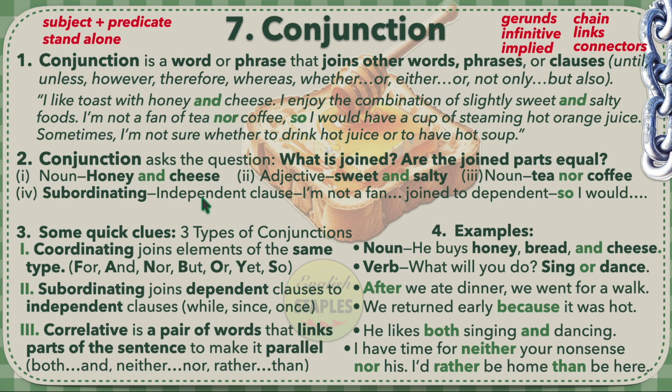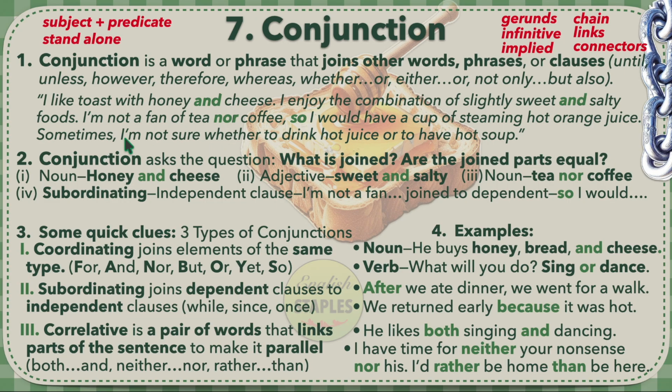Subordinating. We have an independent clause, I am not a fan of tea nor coffee, joined to a dependent clause, which is so I would have a cup of steaming hot orange juice. Sometimes I am not sure whether to drink hot juice.